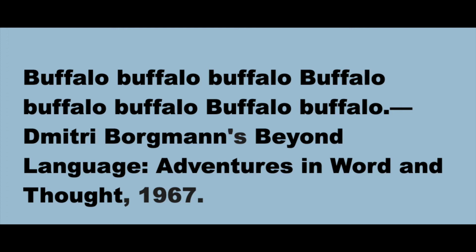Now, this is the same word over and over again, but it's different because some of them are capitalized. So there are three types of buffalo here, three symbols. One is buffalo, which is a bison. It's a cow.